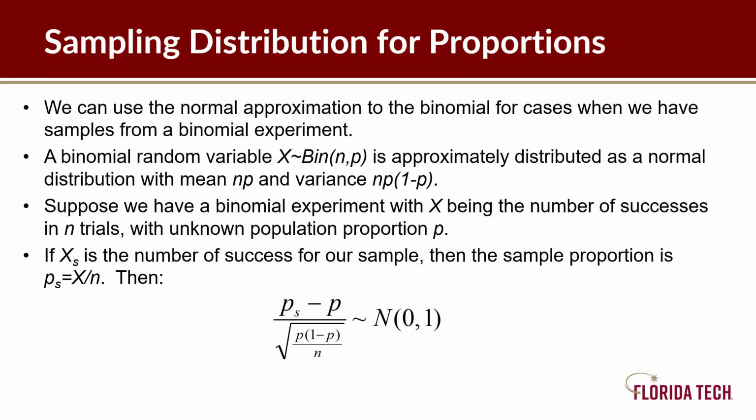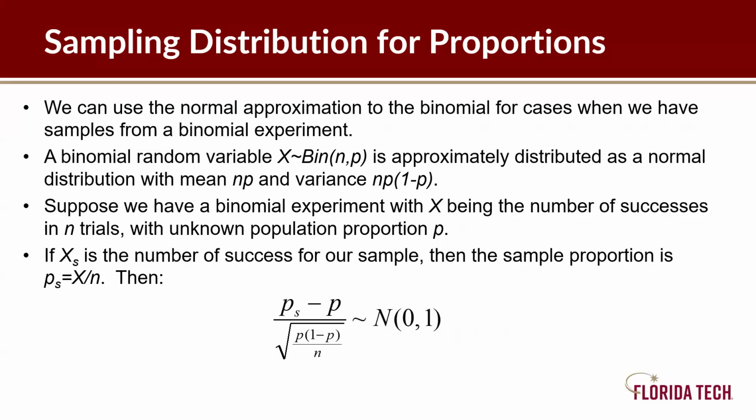So that's the most common case. You're going to see that all the time. We can use the normal approximation here. Binomial random variable x follows a binomial with n and p, approximately distributed as a normal with mean np and variance np(1 minus p). So that would mean if x sub s is the number of successes for our sample, the sample proportion is p sub s, that's just x over n.